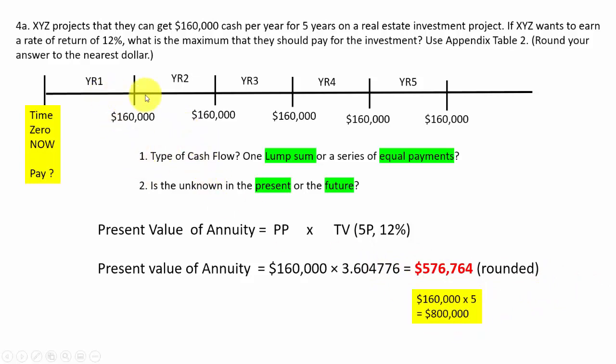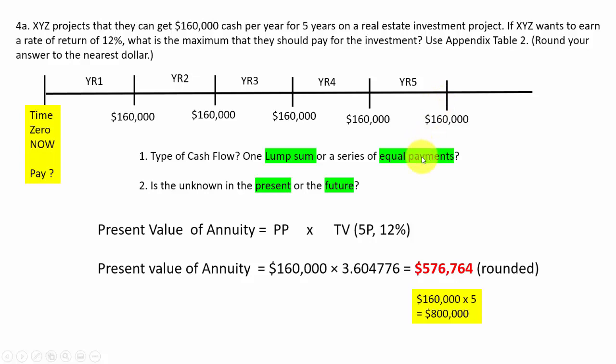But the fact that you have to wait to get this, that means that this money right now, discounting all these 5 payments back to the present, is only worth $576,764.